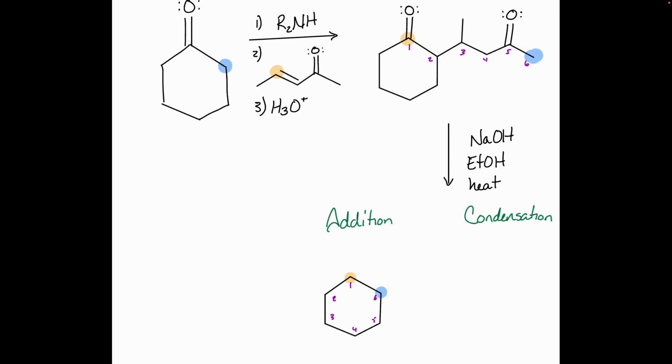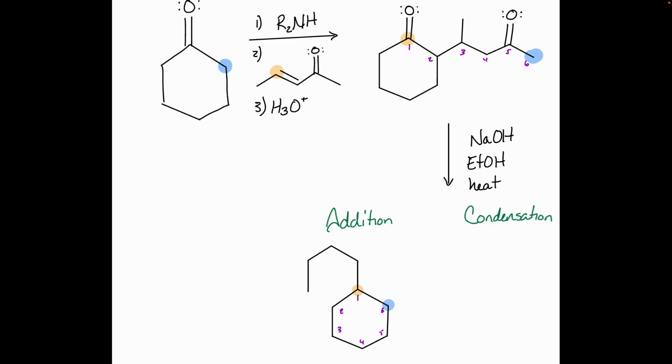Okay, so for my addition product, carbon 1 would have that OH group. Carbons 1 and 2 have this whole ring structure attached to them. So I drew my new ring that's formed. I also have to draw that existing ring structure on that as well.